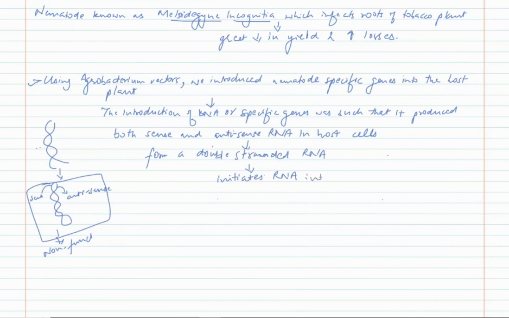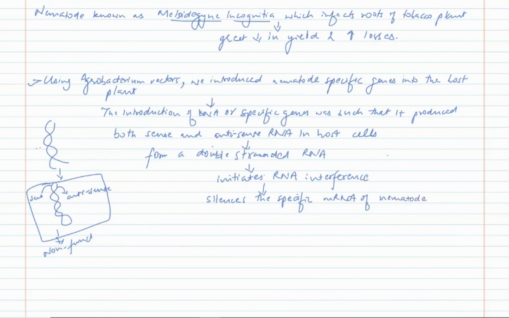It initiates RNA interference and thus silences the specific mRNA of the nematode against which we have targeted this double-stranded RNA.